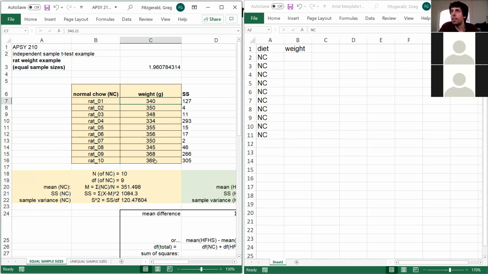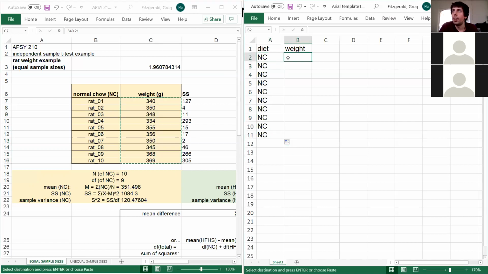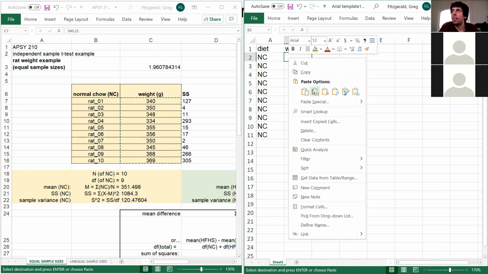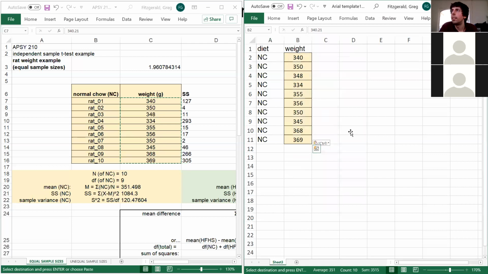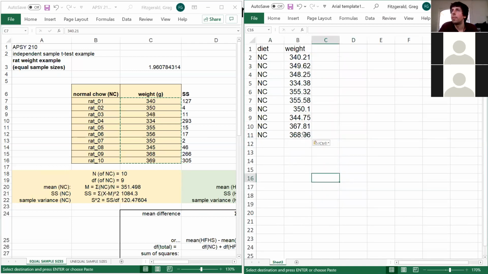And then I can take our data and paste it with just the values. The reason you see some decimals here is because this was from real data, and when we weigh our rats, we weigh them with multiple decimal places.